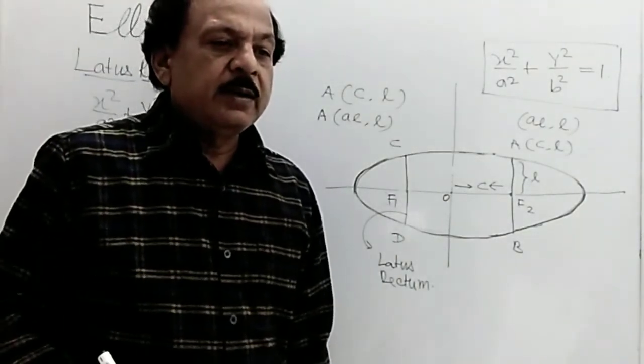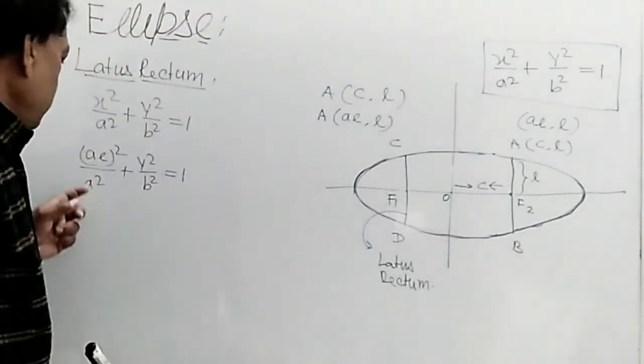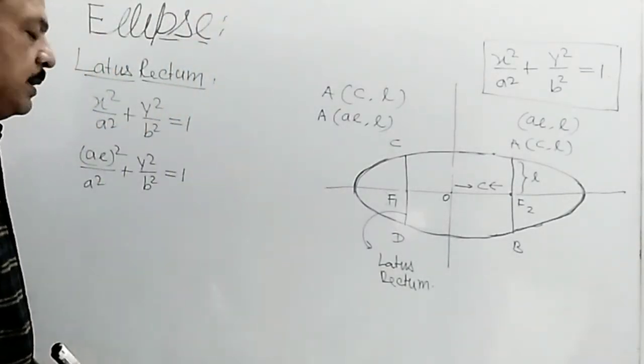So a square is cancelled and here you get e square.